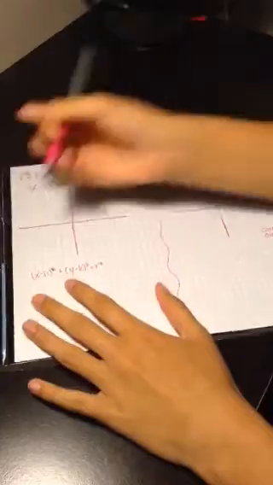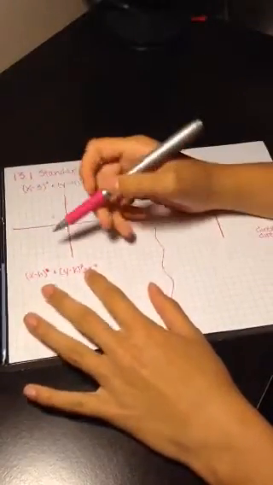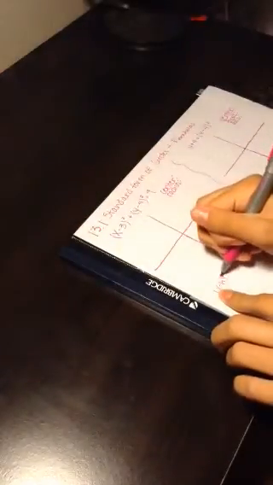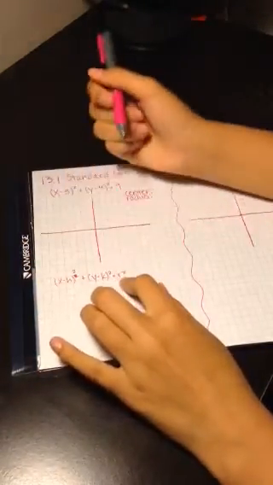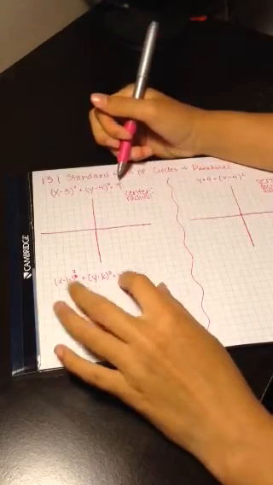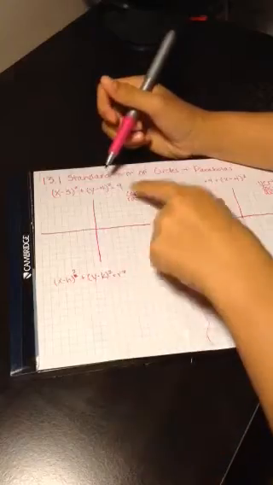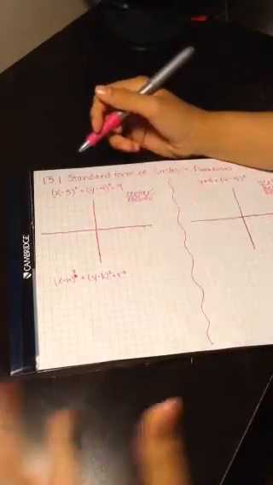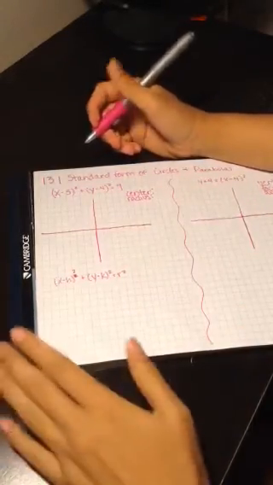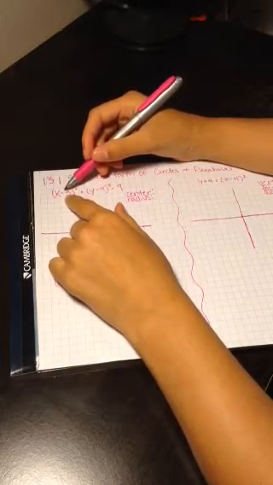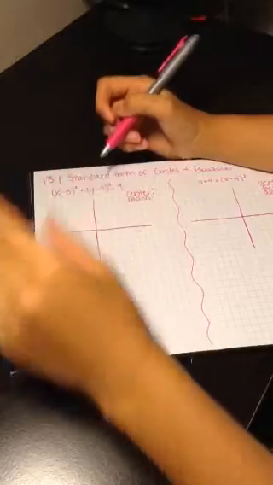In a circle form, they both equal the radius squared. Unlike in parabolas and ellipses, where they'll equal 1, here they equal 9 or 16, something that can have a square root. Right now our center is positive 3 and positive 4.